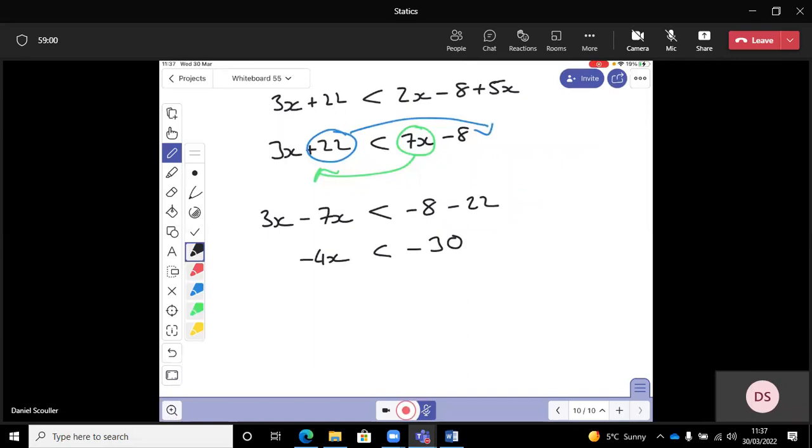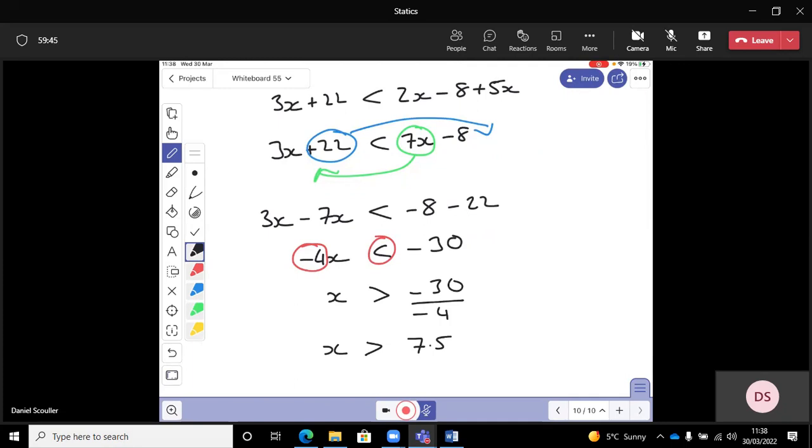Here is where you might lose it. Okay. If we're moving a negative over to become a divide on the other side, this flips and goes the other direction. Okay, a negative divided by a negative gives you a positive.